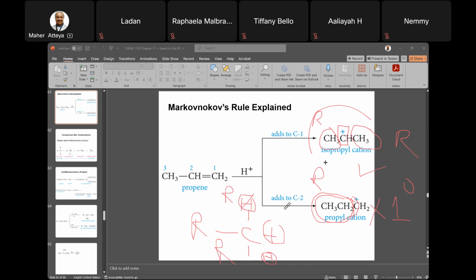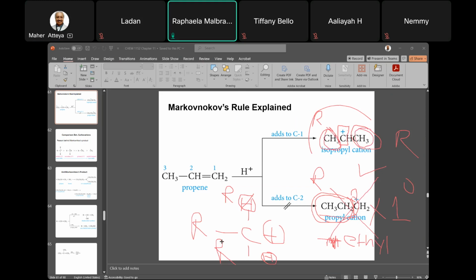This R here is an ethyl group, two carbons connected to this carbocation. So that's not stable. That's primary, connected to one group. This one is connected to two groups, so that's secondary, which is more stable than the primary. Make sense? Yes, it makes sense.